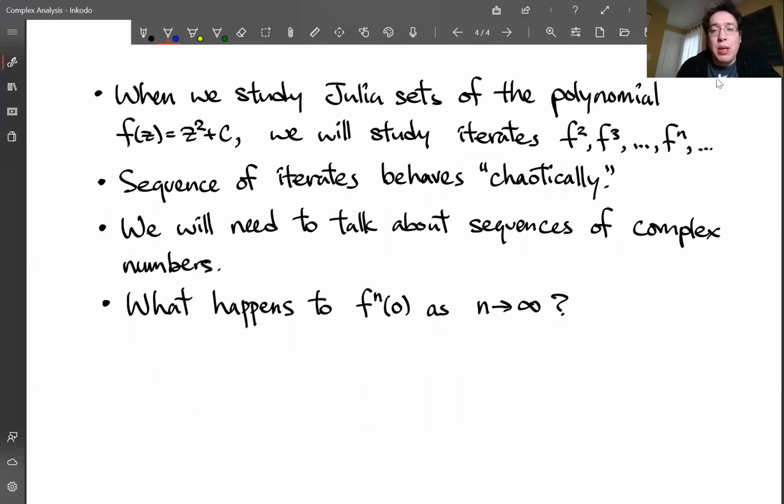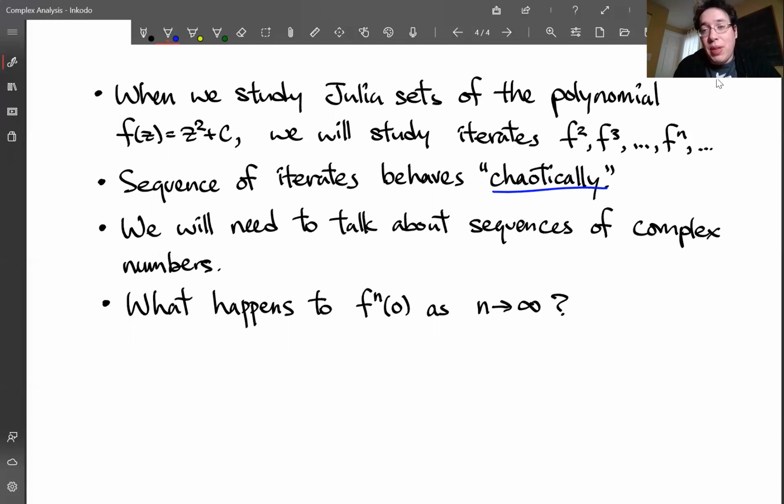So this is kind of a teaser of what's to come. When we study Julia sets, the polynomial z squared plus c, we'll look at what happens to the iterates of this function. A lot of times these sequences will behave chaotically, whatever that means.